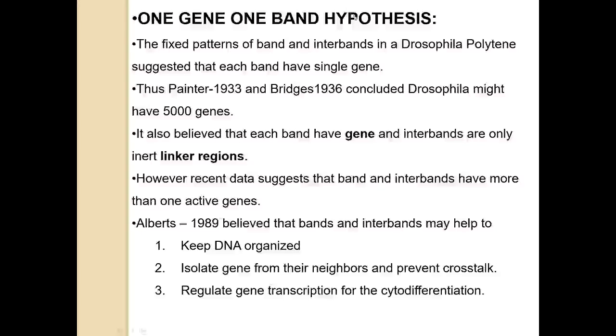However, recent data suggests that the bands and interbands have more than one active gene. Alberts in 1989 believed that the bands and interbands may help to keep the DNA organized, isolate the genes from their neighbors and prevent crosstalk. It also regulates transcription for cytodifferentiation.